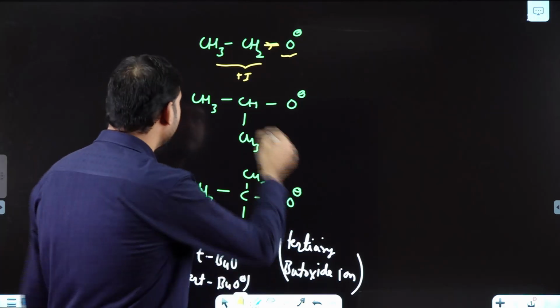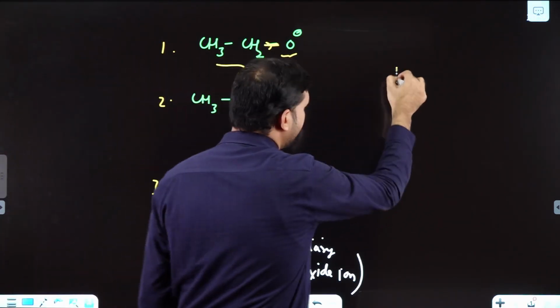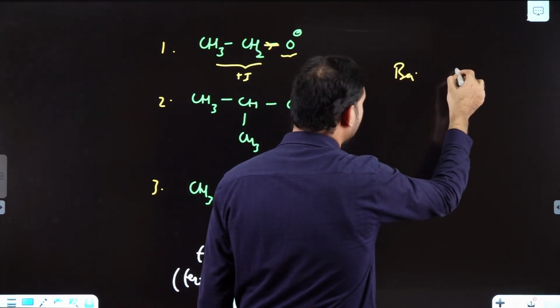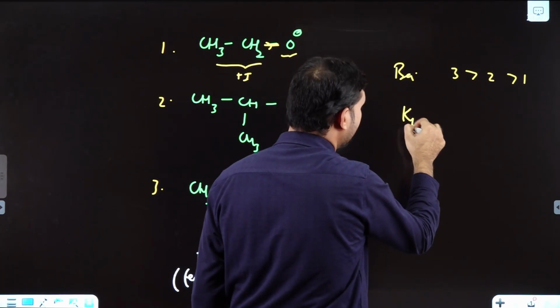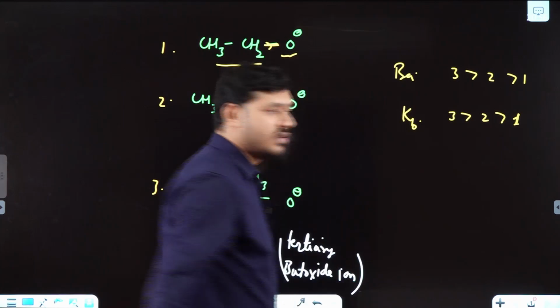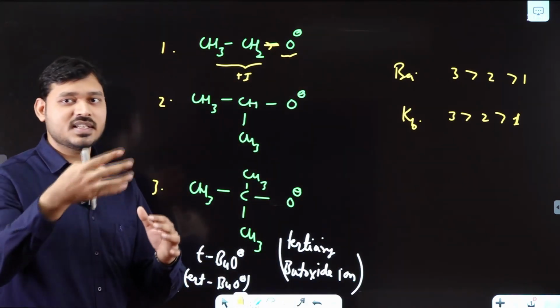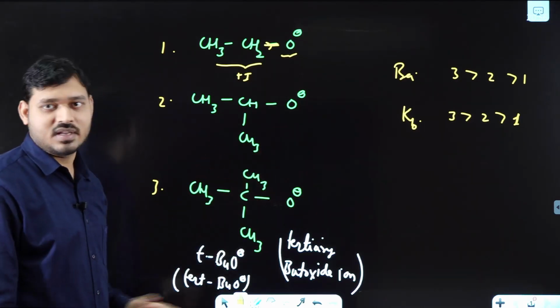So among 1, 2 and 3, the basicity order will be 3 greater than 2 greater than 1, meaning the order of Kb is 3 greater than 2 greater than 1. As basicity increases, the value of Kb increases and pKb decreases.